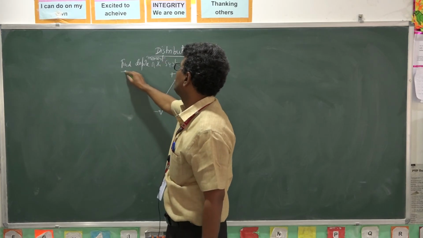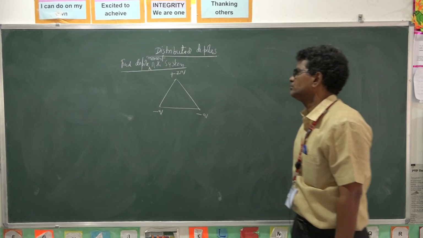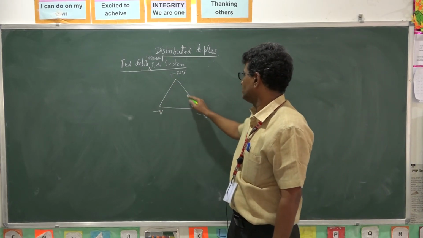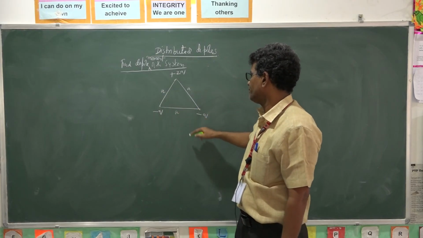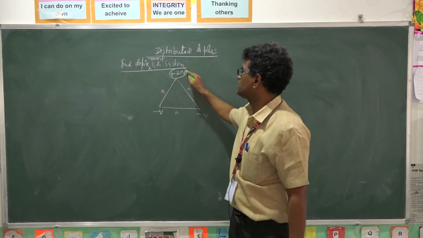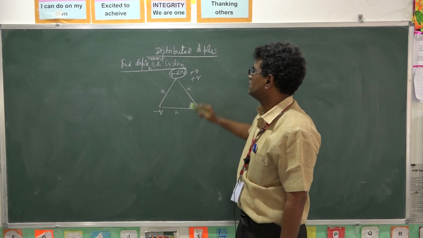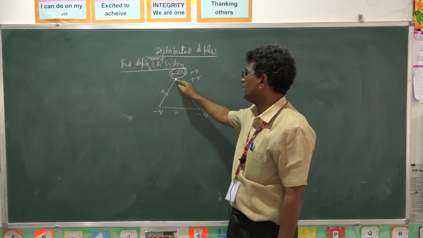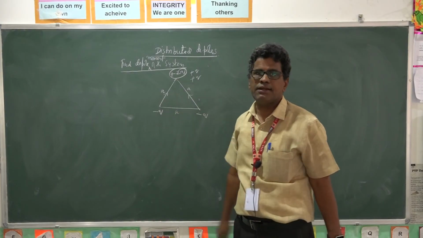These charges form an equilateral triangle of side length A. Here you can assume this plus 2q is divided as plus q and plus q, making plus 2q. So this is one dipole, minus q to plus q, and this is minus q to plus q, another dipole.